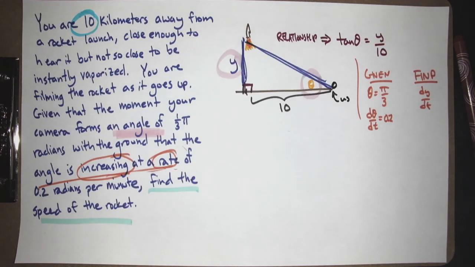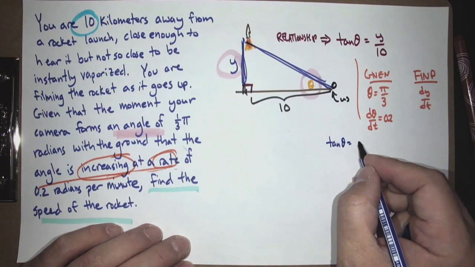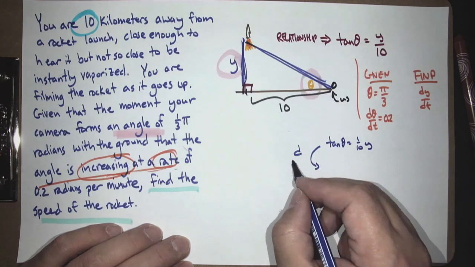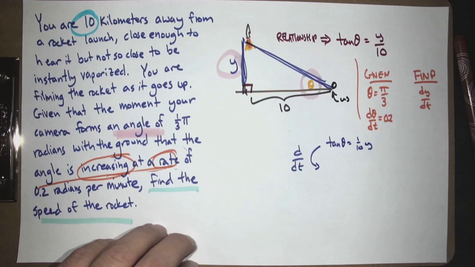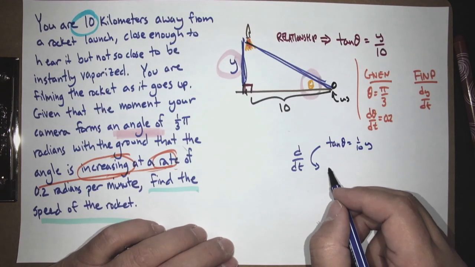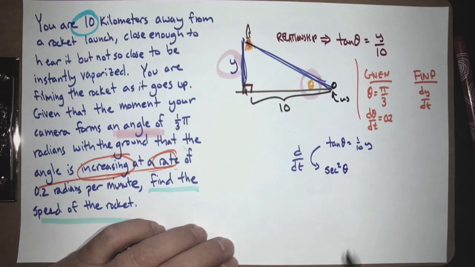Take derivatives. So we're going to take the derivative with respect to time. So taking the derivative with respect to time, d dt, derivative of tangent theta with respect to time. So secant squared, derivative of tangent is secant squared.